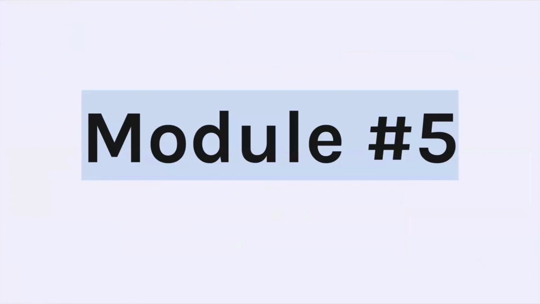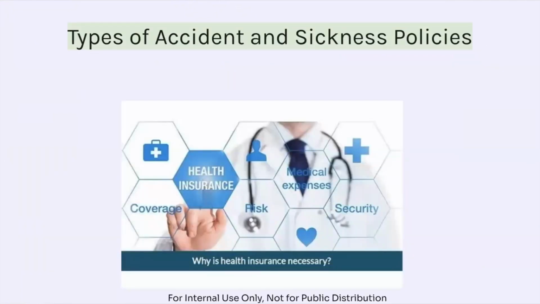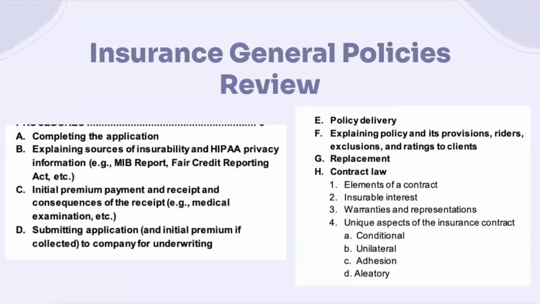So module 5, as I said, we want to take a look at the types of accident and sickness policies. Remember that all of the general insurance policies that we've already looked at before also apply to health insurance.